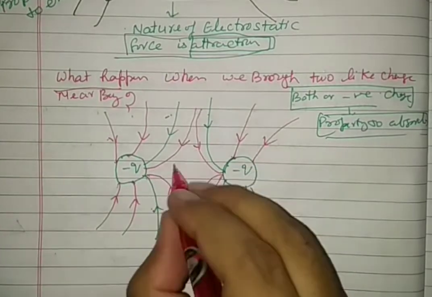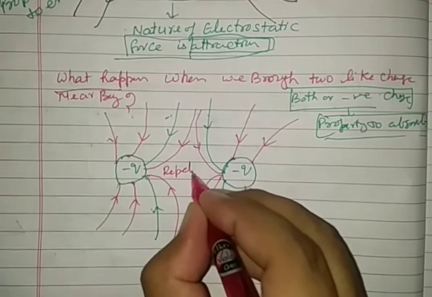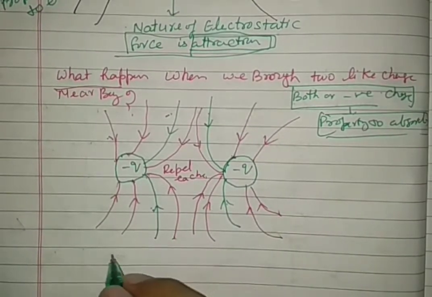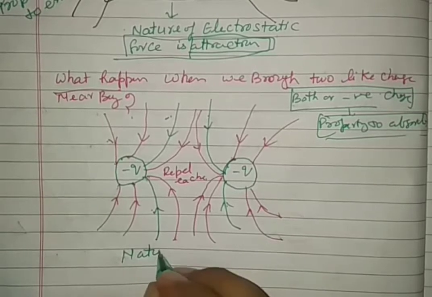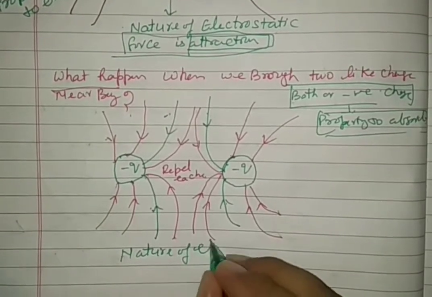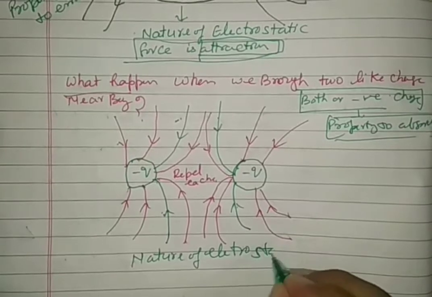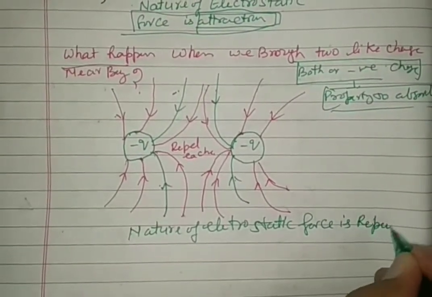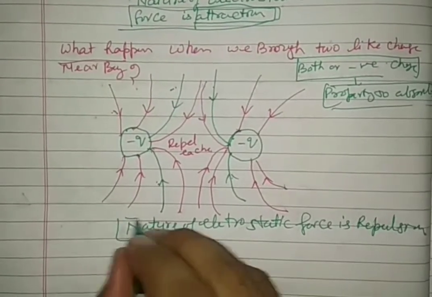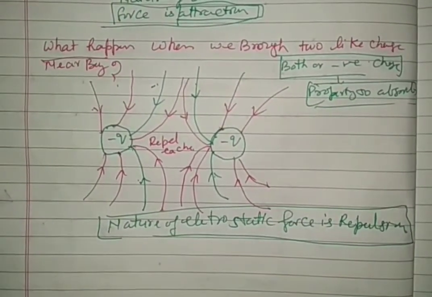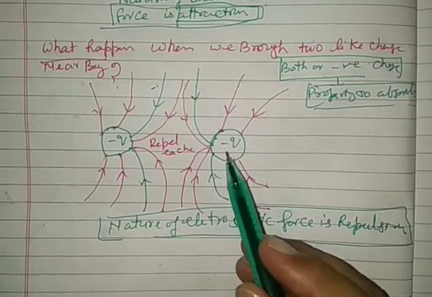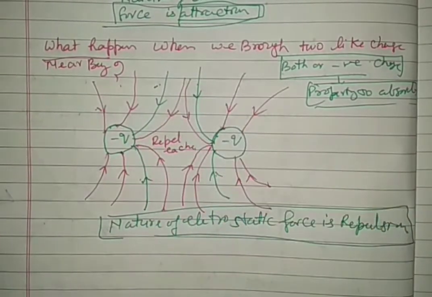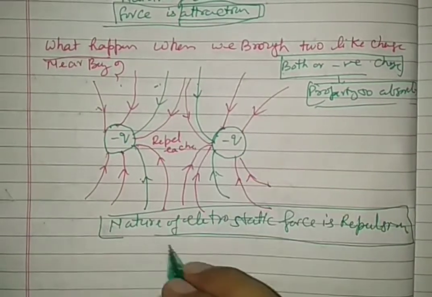So both repel each other. That is why the nature of electrostatic force is repulsion. So we have seen why a similar type of diagram will be obtained for two positive charges. Only the direction of the arrow changes. So lines of force cannot meet.